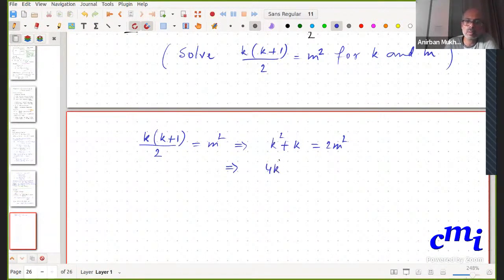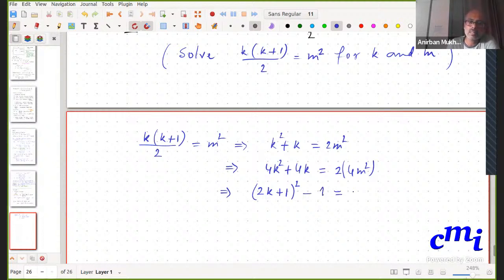So 4k square plus 4k is equal to 2 times 4m square. Just writing like this because 4m square is a perfect square. So this I can write as 2k plus 1 whole square. Now that gives an extra 1, so I must subtract 1, and we have 2 times 2m whole square. That's the reason I kept 4 here.